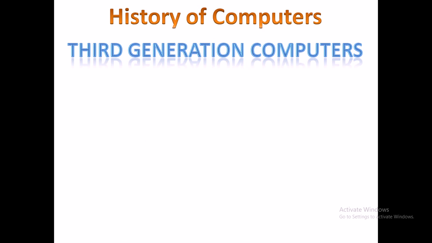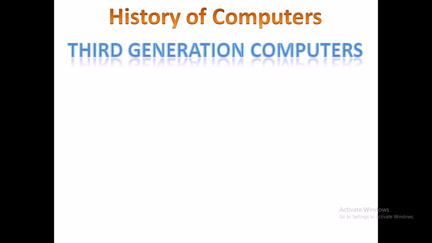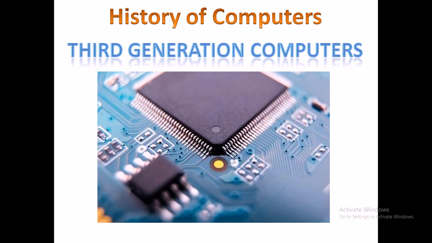He fixed many transistors and other electronic components on a single chip that was called an integrated circuit, short formed as IC. Thousands of transistors and other electronic components were fixed on a small chip. This also reduced the size of the computer.